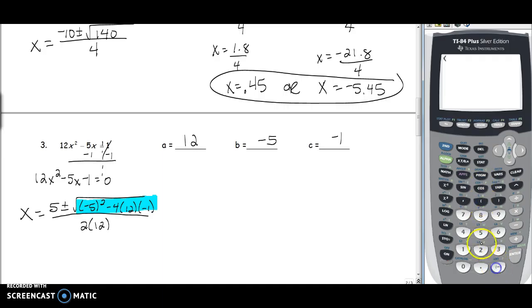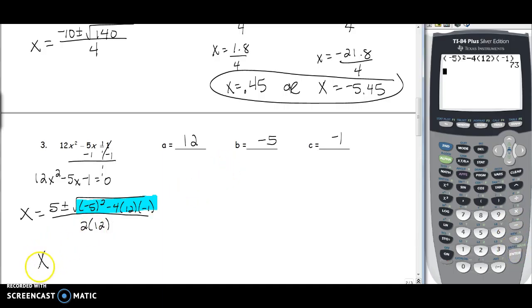So in your parentheses, you have negative 5 squared minus 4 times 12 times negative 1. So 73.